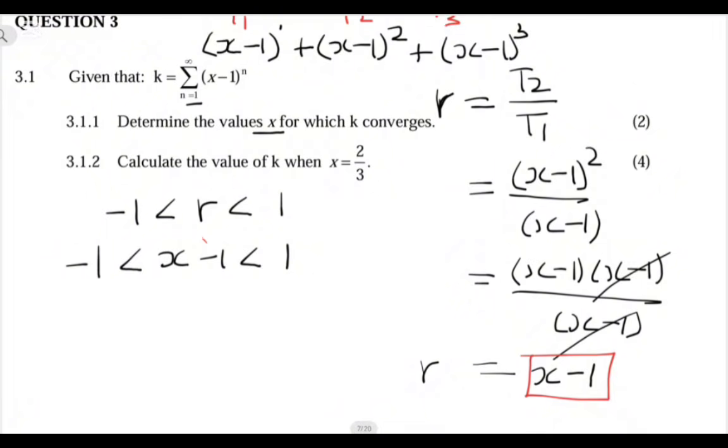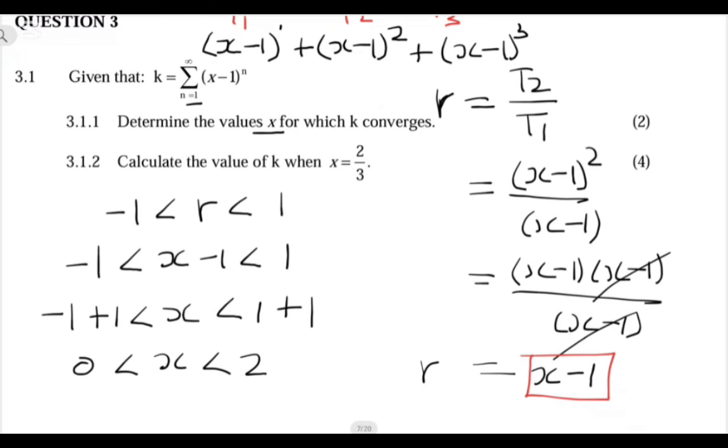We take the negative 1 to the other side, and also the other side. So on this side we have negative 1 plus 1, which gives 0, and on the other side 1 plus 1, which gives 2.